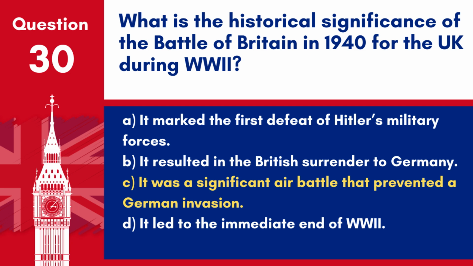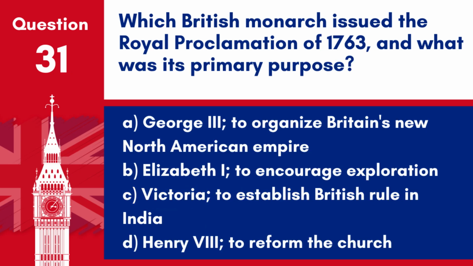The Battle of Britain in 1940 is historically significant for being a crucial air battle that thwarted Germany's plans to invade Britain. Question 31. Which British monarch issued the Royal Proclamation of 1763, and what was its primary purpose? A. George III, to organise Britain's new North American empire.